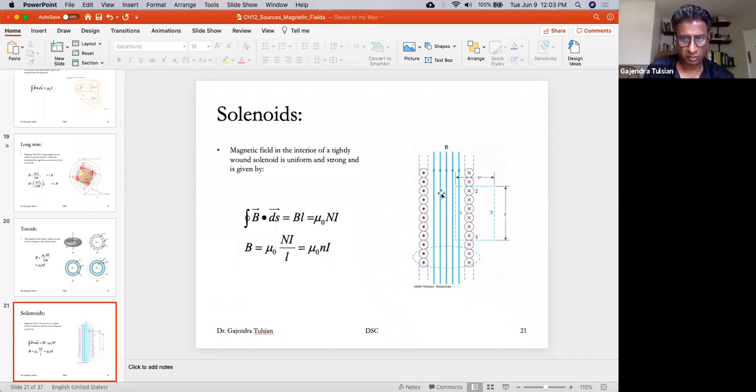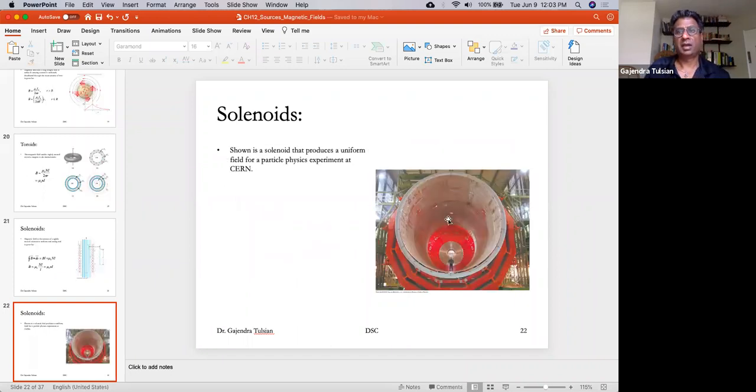All right, so now you might ask, why would we need something like this? Here's one at CERN. There's the solenoid, with wires wrapped around it, and look at the scale of this thing. That's a person there.